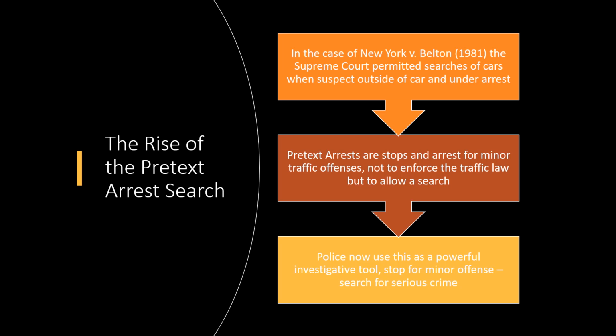I'm not really interested that they were speeding. I'm not really interested they made a bad turn. I'm much more interested that I want to search their car. So it's a pretext. And this gave the police a very powerful tool to stop people for minor offenses and search them.